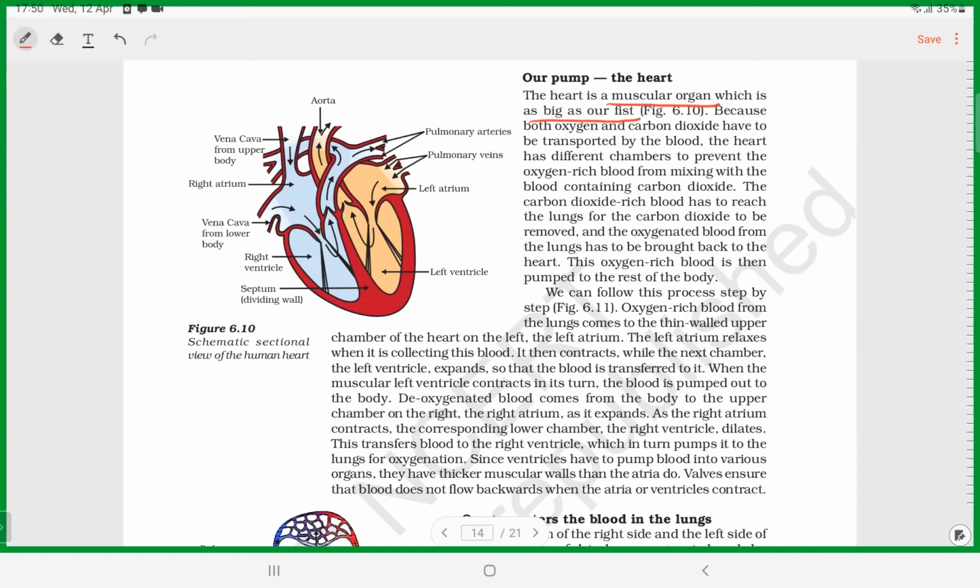Right? Good. Now, look into the anatomy of the heart. Understanding the anatomy of the heart is very, very important. The components of the heart. The heart is surrounded by a double membrane. What is the name of the membrane?